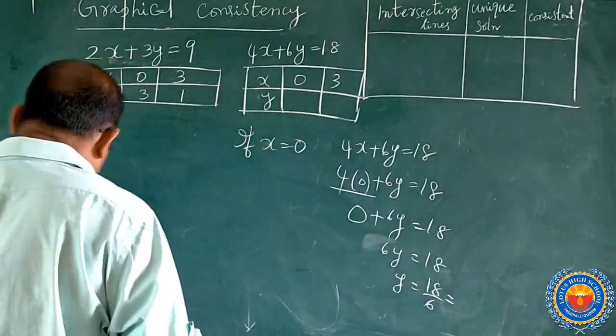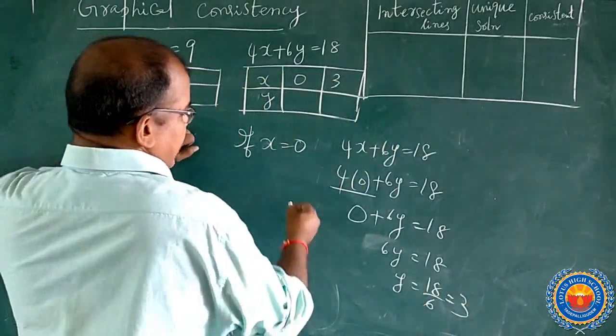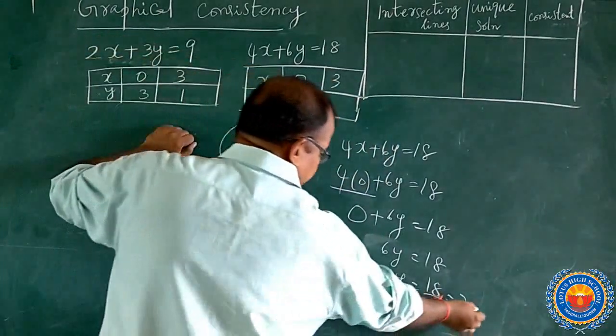What is 18 divided by 6? 3. Y is equal to 3. If x is equal to 0, y is equal to 3.